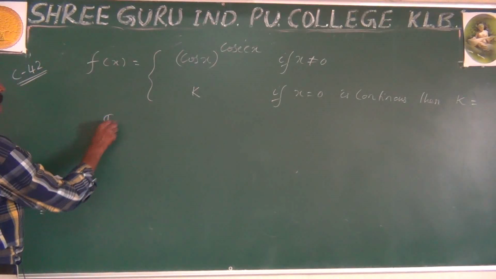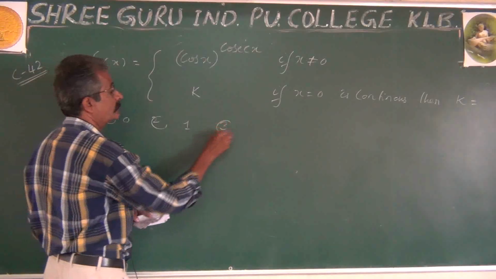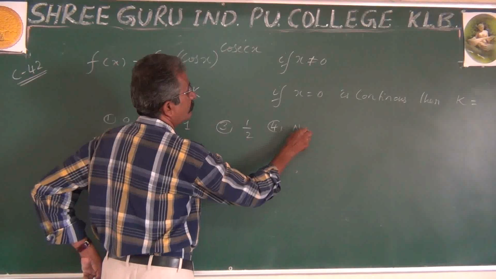First option 0, second option 1, third option 1 by 2, fourth option none of these.